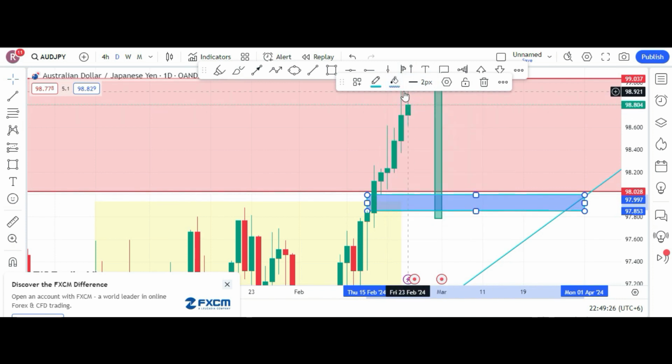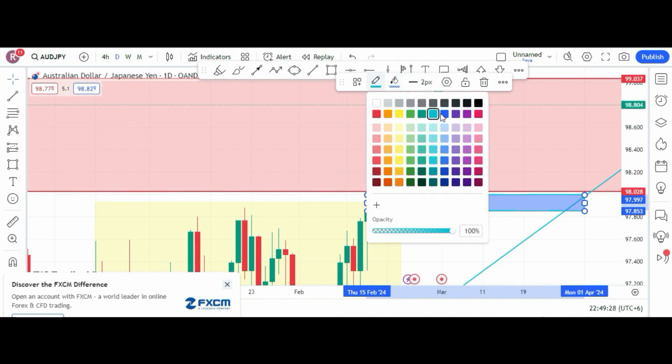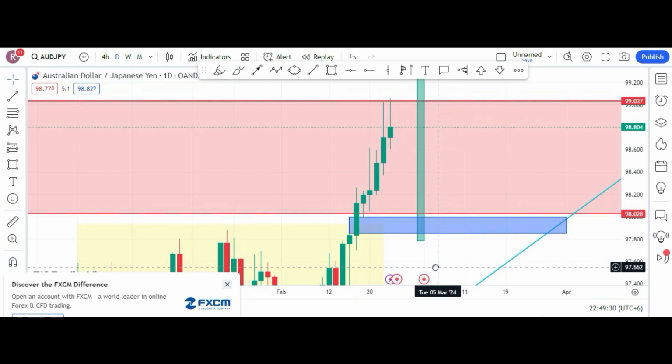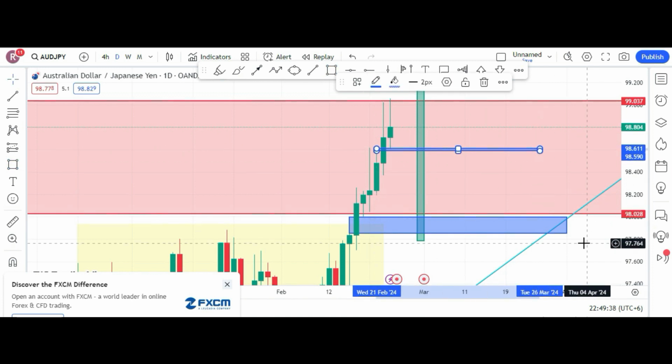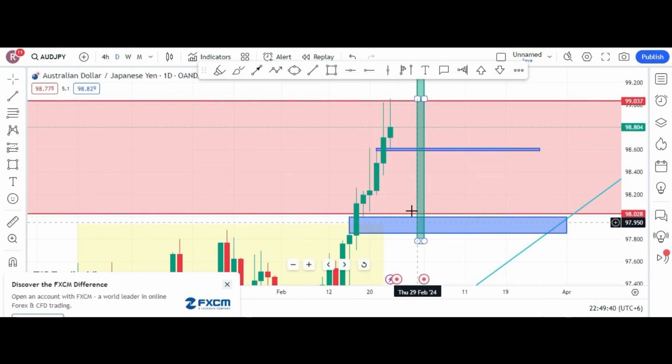We use the blue color for that. And also, if you watch the tip of this shadow, there is a gap here too. So this is the imbalance left in the daily time frame. The market needs to take care of this, and so I am expecting a little bit of pushback on the downside.